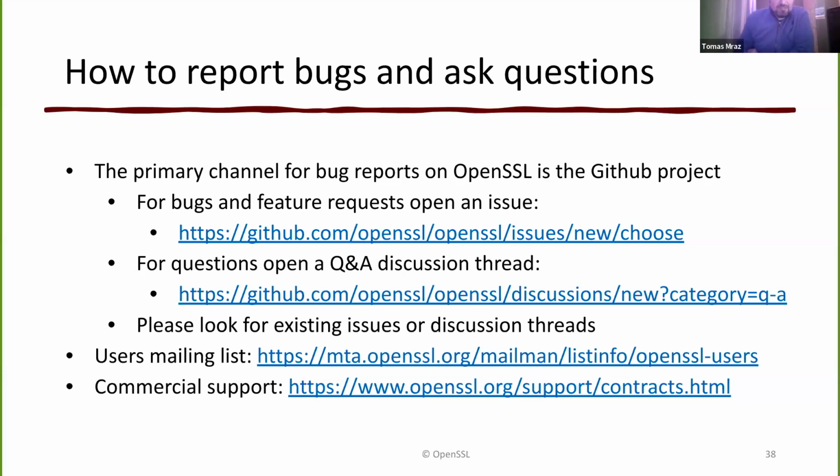Please look for existing issues or discussion threads if you are reporting an issue, because it could be already covered. If you, for some reason, cannot use GitHub, you can use the users' mailing list to post users' questions. We have also, of course, commercial support, and there is information about it on the web page as well.